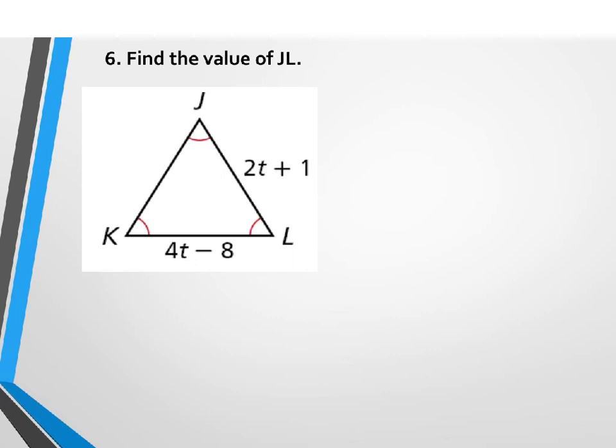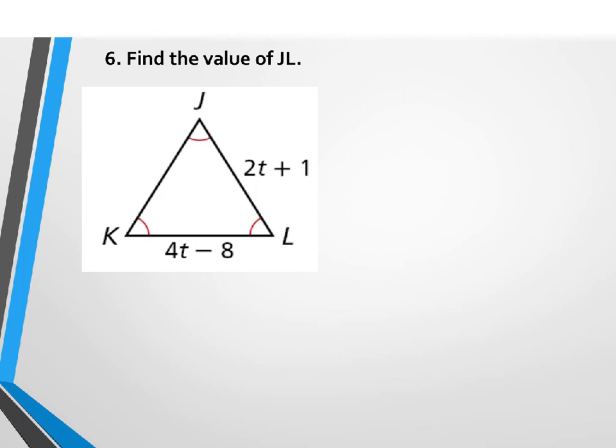Here's our very last exercise we're going to do together in this video. And this one relies on the information that we just learned in the previous slide. It has asked us to find the value of JL. JL is this side right here. So we're going to figure out the measurement of that side. And this is how we're going to do it.